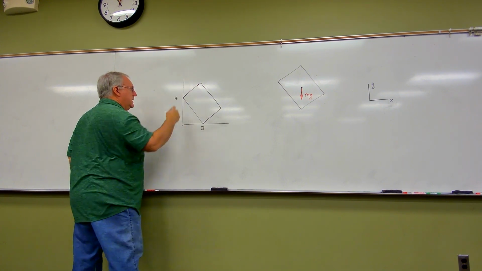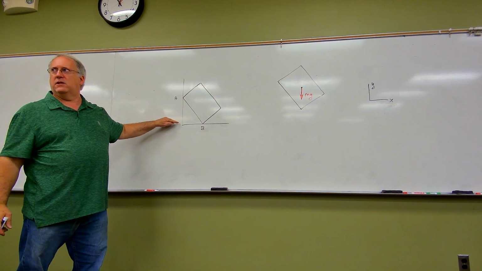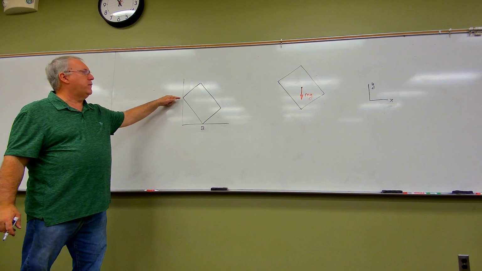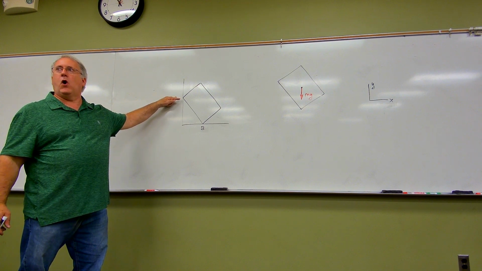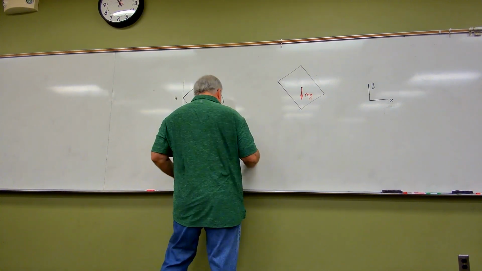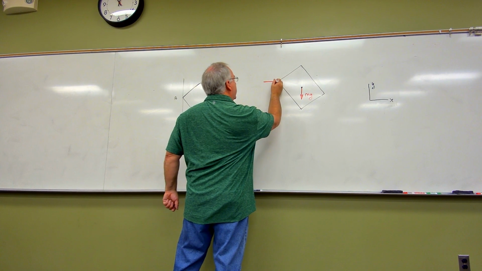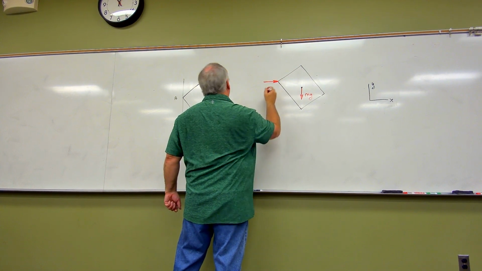In this case, if you've got a flat surface, that is the tangent line. So the single force here has got to be drawn normal to the tangent line, or normal to this line here, which means over here, I'm going to show a single force, like so, and call it whatever you want.